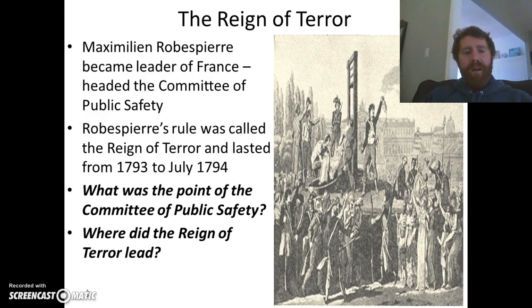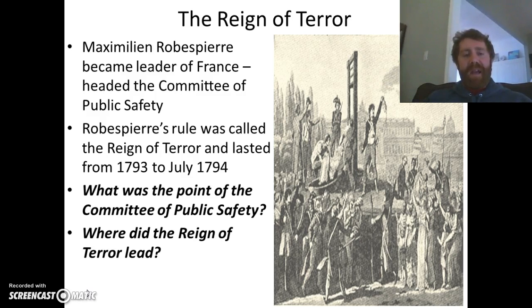Robespierre's number one goal was to rid France of any remnants that would remind anybody of France's past. He wanted to create a republic of virtue, wiping out anything that resembled France's past. And in doing that, he slowly started to gain power.